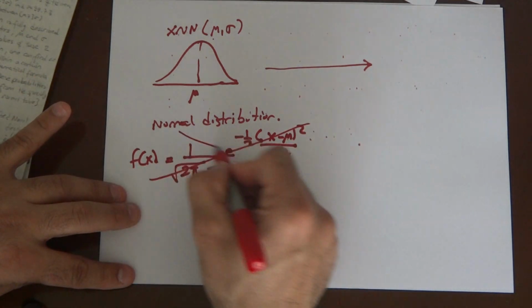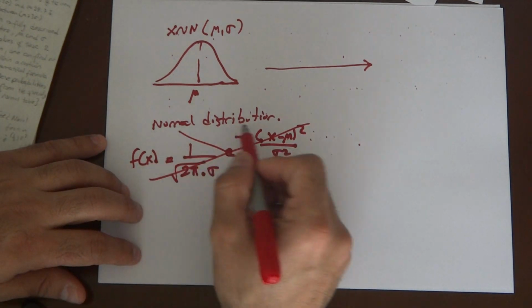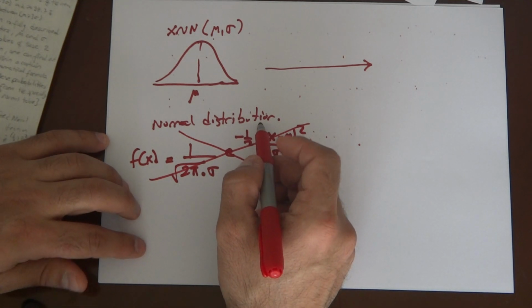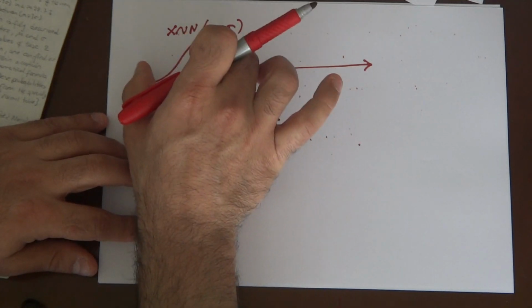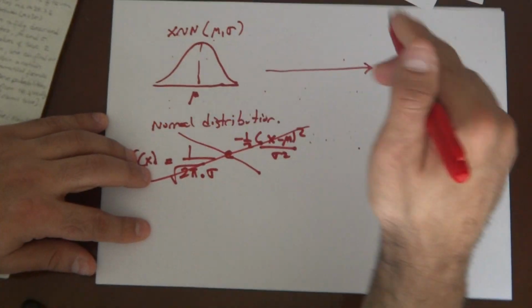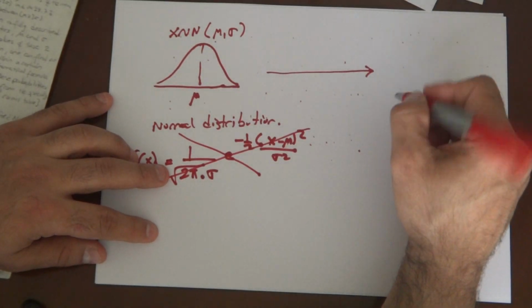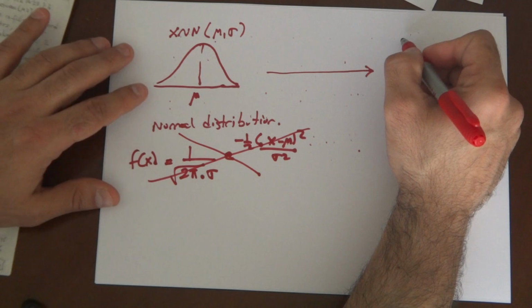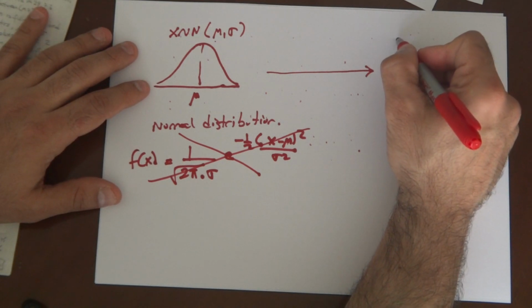In order not to use this formula for a given normal probability distribution, you have to convert it into a standard normal distribution.